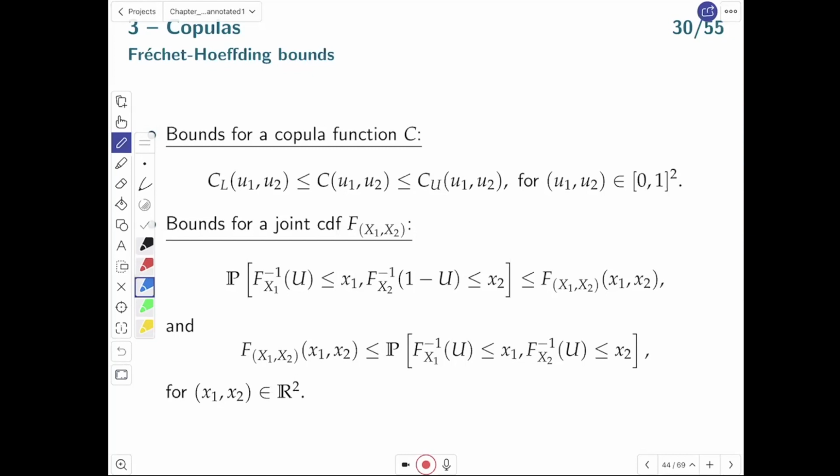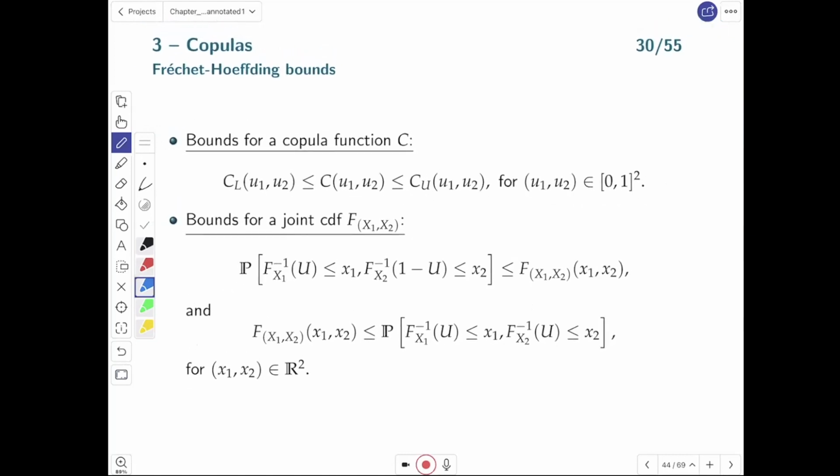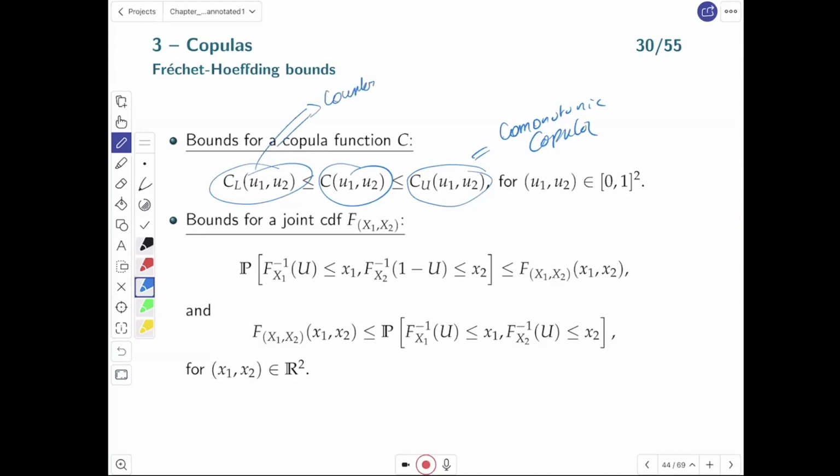Okay, an important result is that if you take a copula function C, any copula function C, then this copula function is always bounded from above by the comonotonic copula, and is bounded from below by the counter-monotonic copula.